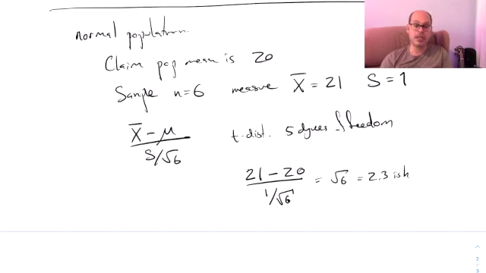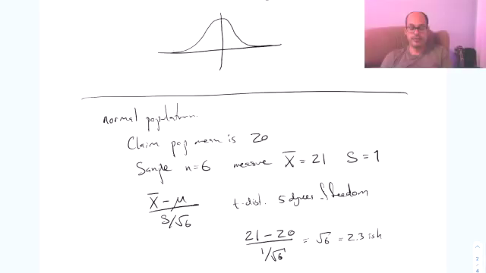Now, if this was a normal distribution, then 2.3 would be 2 standard deviations out. That would be a very unlikely thing to happen. We have less certainty here, probably, because we're looking at a t-distribution. So to see how likely this is, let's go ahead and look this up on a chart.